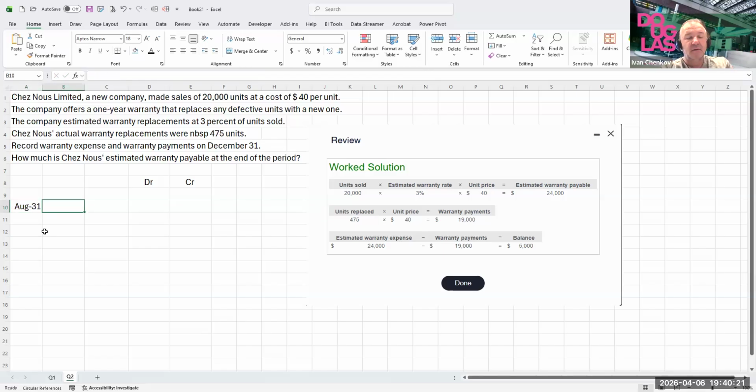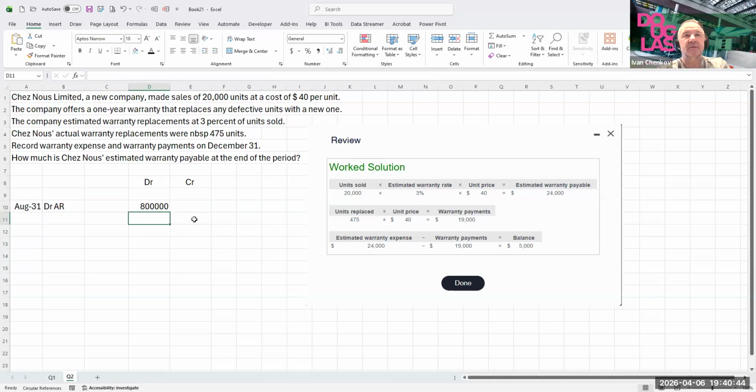Debit here will be accounts receivable, since we're not collecting the cash. And that will be selling 20,000 units times $40 per unit.